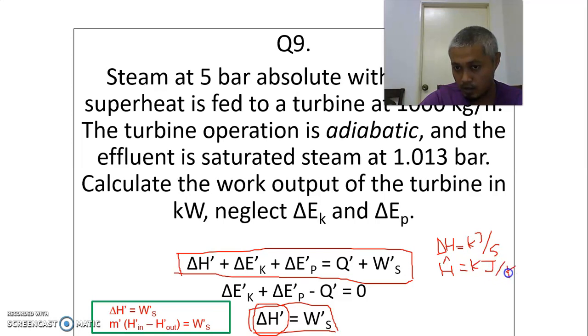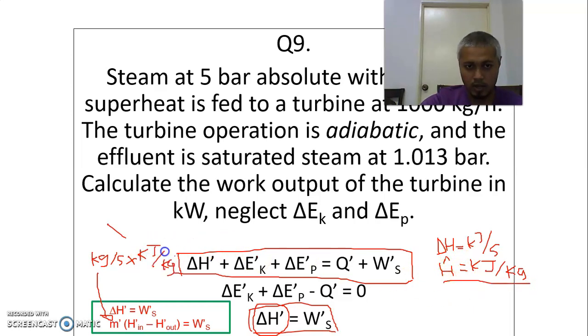If you realize, we factorize M from the formula here. M is kg per second, times specific enthalpy from the steam table in kilojoule per kg. Then we can cancel kg with kg, left with kilojoule per second, which is delta H. We need to find the value of H in and H out.